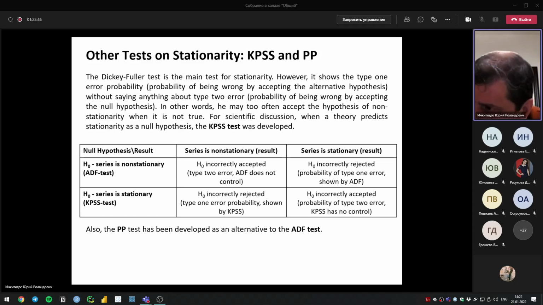But in the other case, if you don't see a time trend in the data, the data is horizontal and varies within some range, then with high probability you can conclude that this data is stationary.